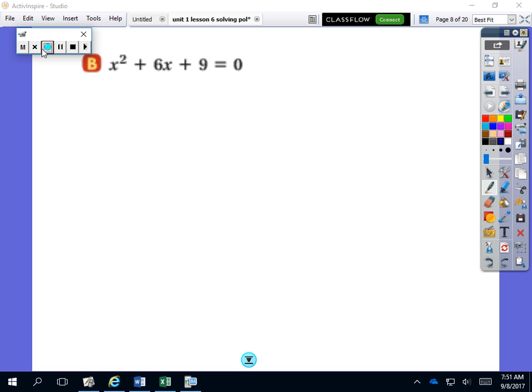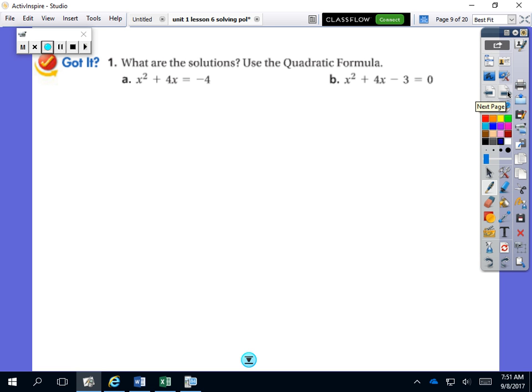The next example is x squared plus 6x plus 9. I'm going to skip that one, and I want to go to example B down below in the got it. So we're going to do x squared plus 4x minus 3. And I have a equals 1, b equals 4, c equals negative 3.